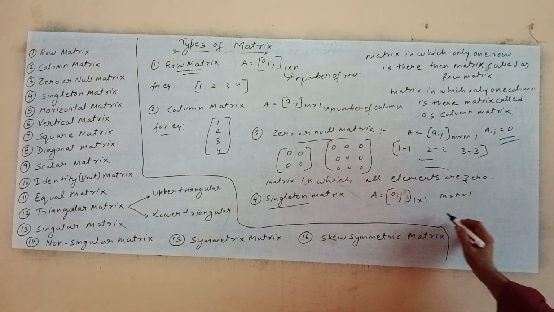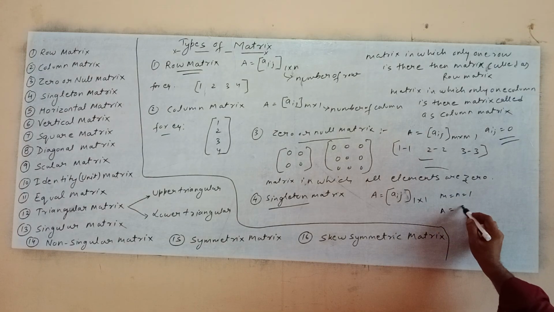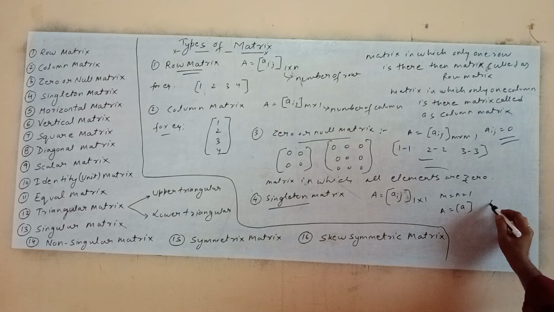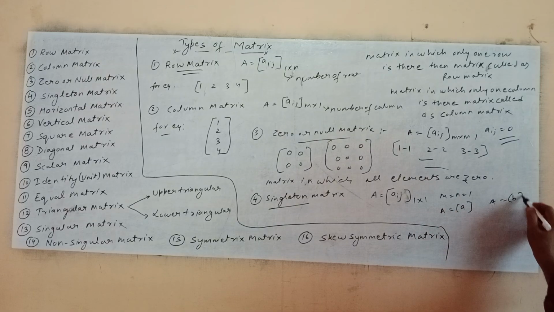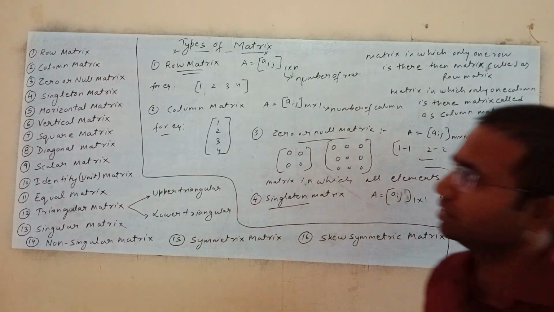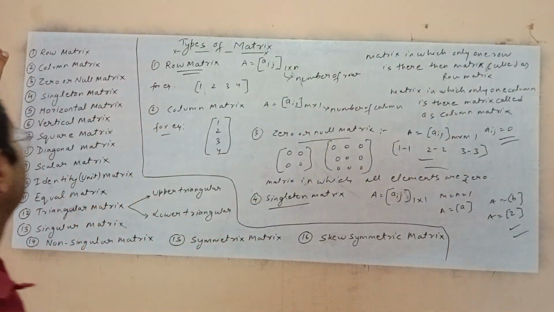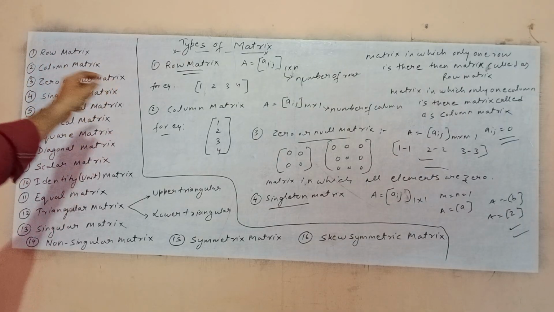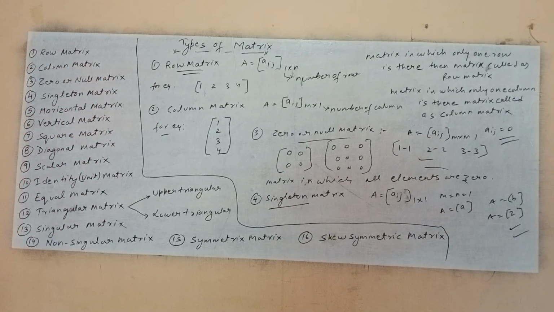Only one element is there. For example, A = [a] is written only, A = [b], or A = [2] is written only. So this is called a singleton matrix. Only a single element will be there. Okay, so see how these four types of matrix are defined.